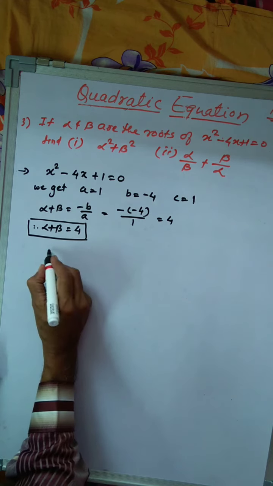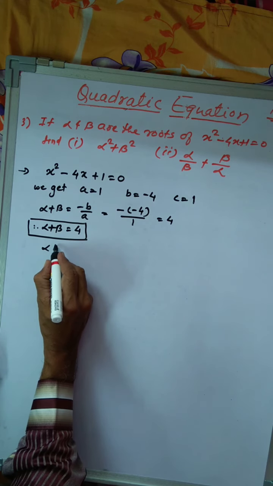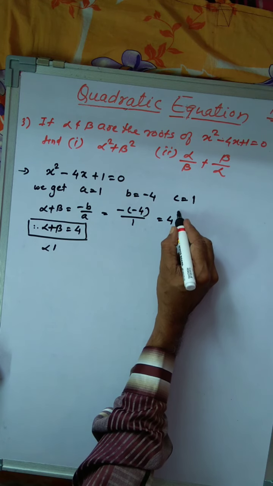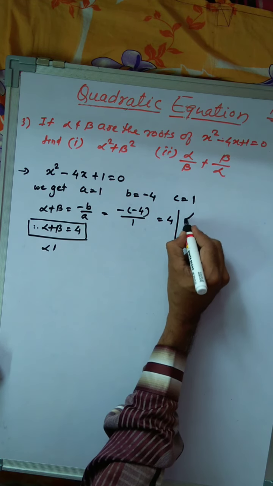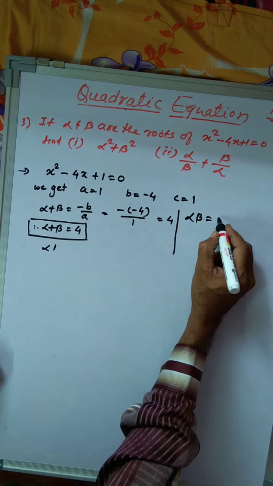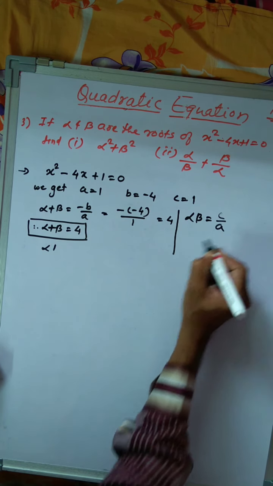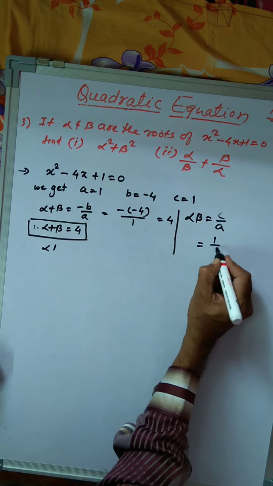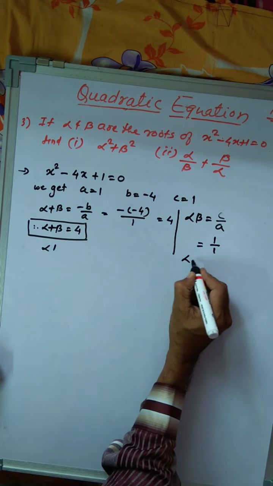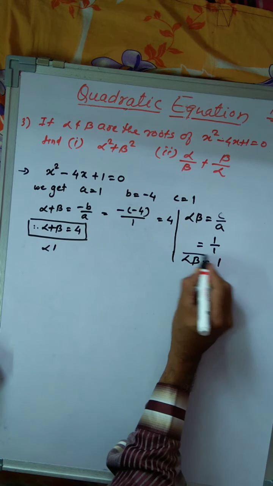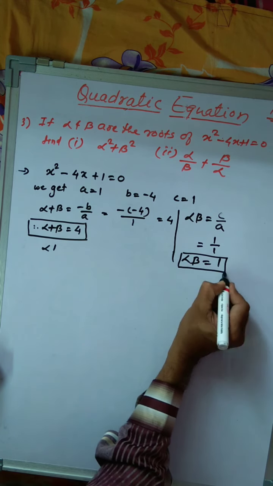Now alpha into beta is equal to c upon a, that means 1 upon 1. Therefore alpha into beta is equal to 1. We get the other value.